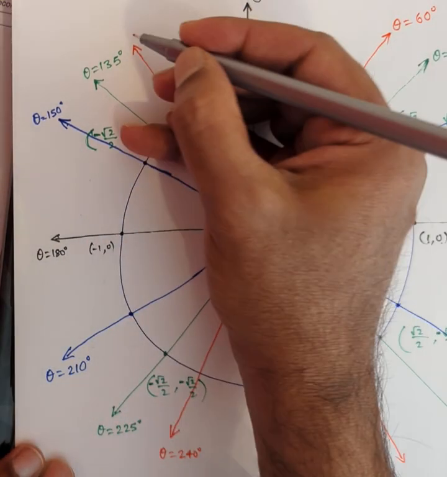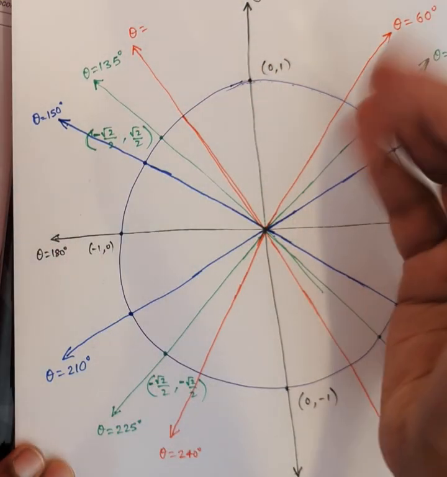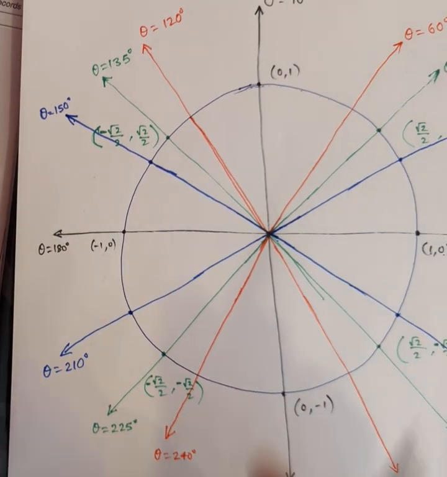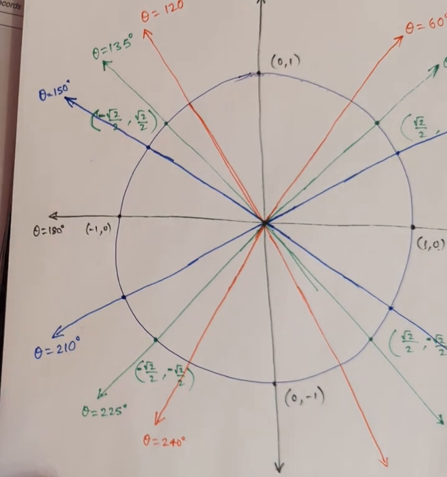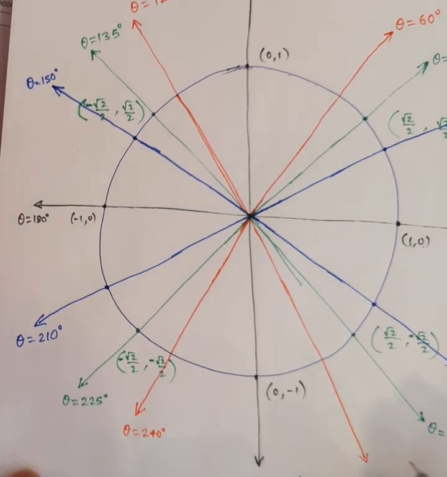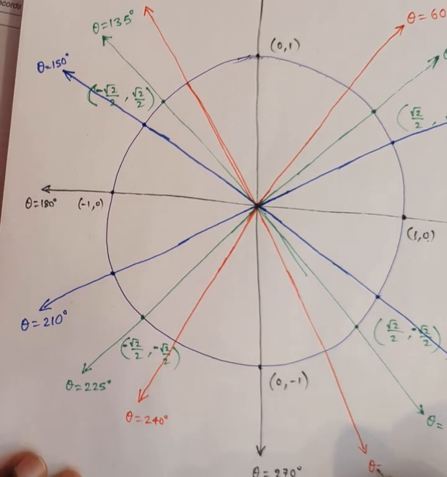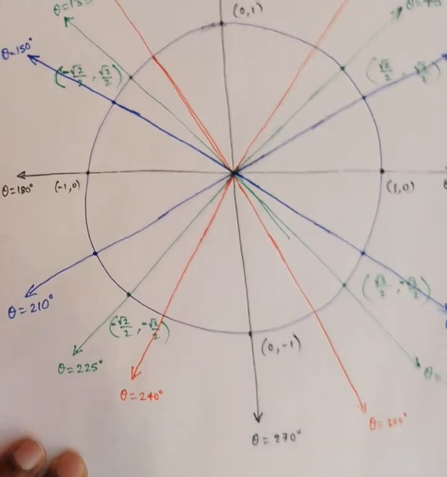So this one is closer to the y-axis, so it's 120 degrees because you're going clockwise from 135. And this one would be 315 minus 15, so that's 300 degrees.